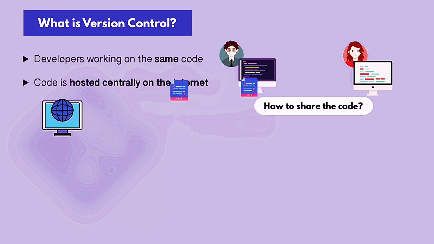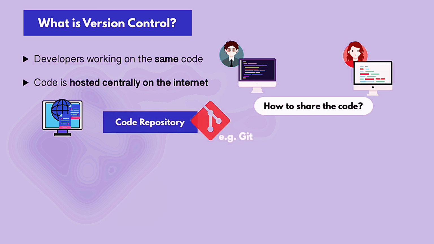It works so that code is hosted centrally on the internet, so you can all access it, and the place where code lives is called a code repository. But you aren't editing the file in real time in the remote repository, like in Google Docs multi-collaboration, for example. Also, you need the code locally to start the application, develop stuff, and so on.